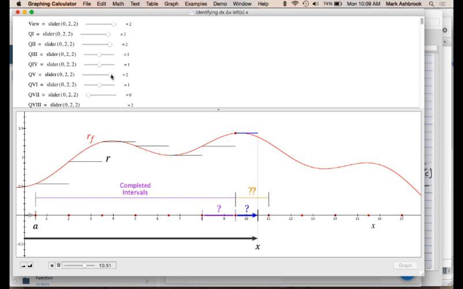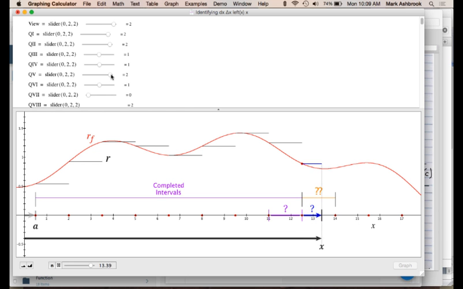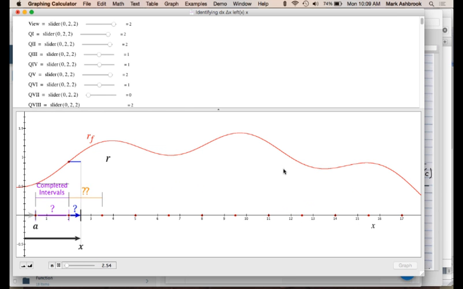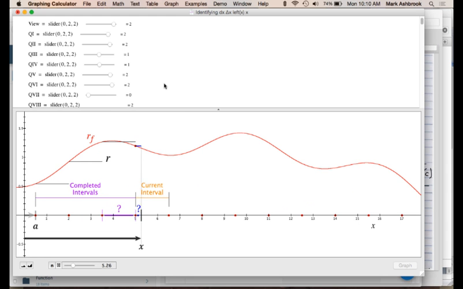Those are the completed intervals, right? Been there, done that. Already calculated the accumulation for those completed intervals. All right, what's the double gold? What do we call that? That's the current interval. That's where the action's happening, right? That's where we're seeing the increase in x through the current interval.